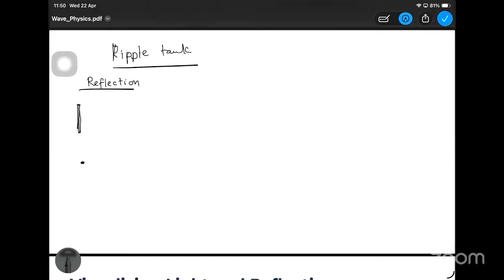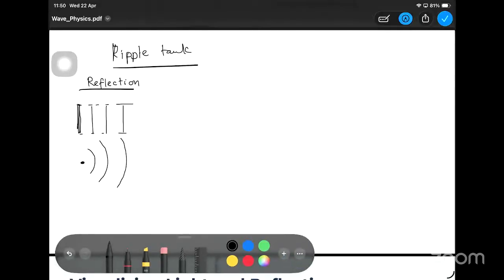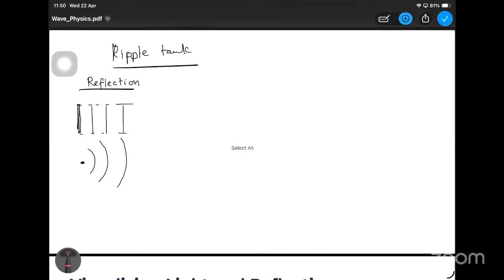If it is a bar wave generator, then you will get waves like this. The wave fronts will be like this. And if it is a tiny pointer, then you will get waves like this. Just imagine you are facing a barrier here, a rigid barrier.